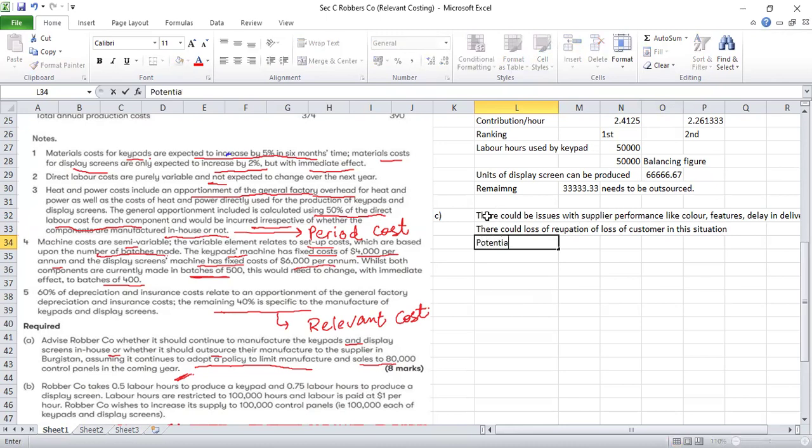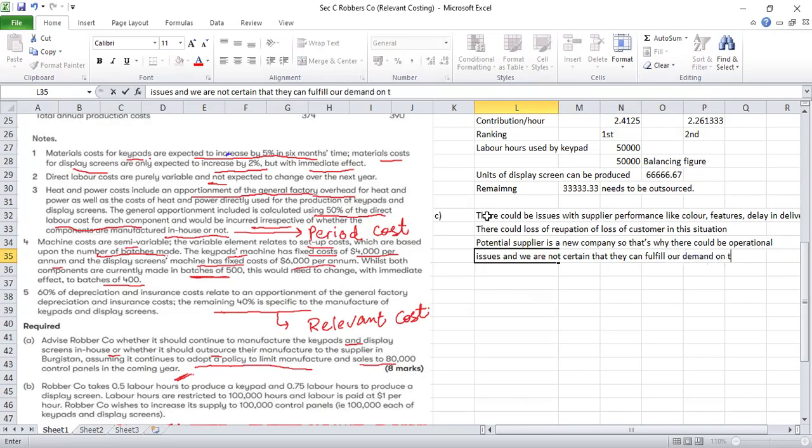The next one is the potential supplier is a new company, so there could be operational issues and we are not certain that they can fulfill our demand on time or not.